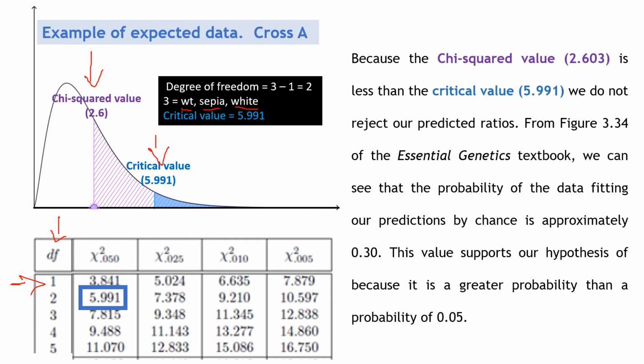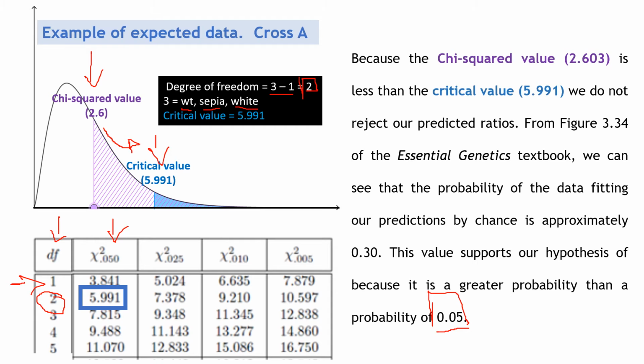So it will be 3 minus 1, that is the formula, groups minus 1, so it will be 2. Now the degrees of freedom will be 2, and the probability that we want is, in this case, 0.05. So what you get here is 5.991. And if you see here, our chi-square is much smaller than the critical value.